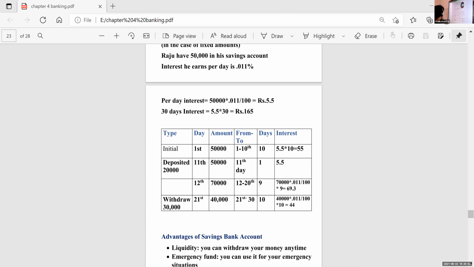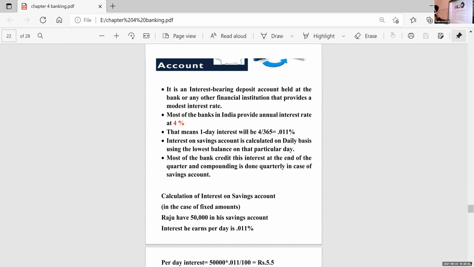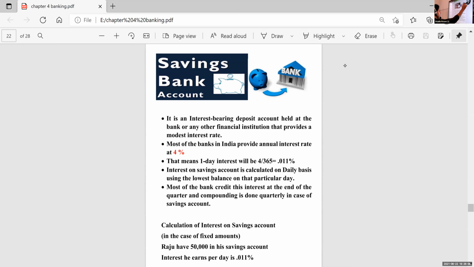Okay, so just refresh your mind. See once again what happened in the savings bank account. I'll share the screen. Read it peacefully. Savings bank account.